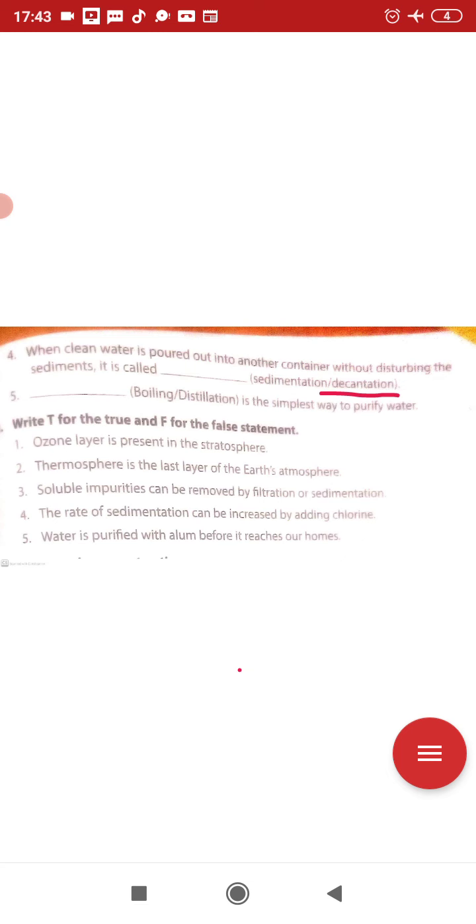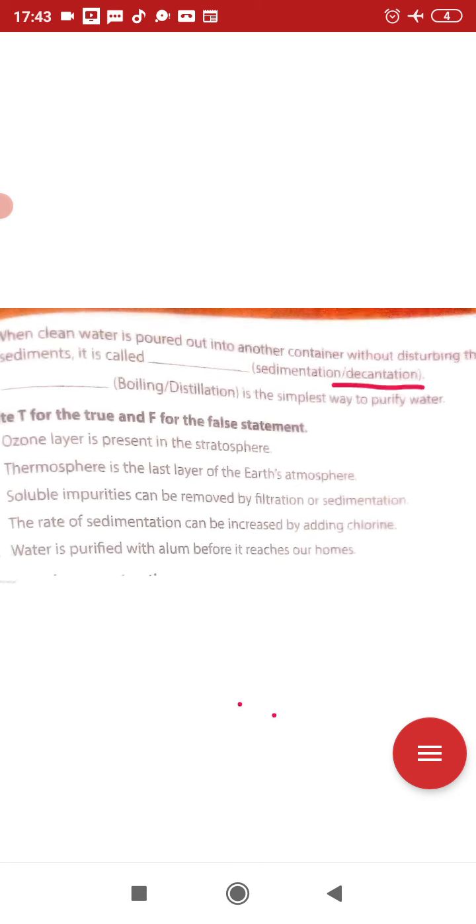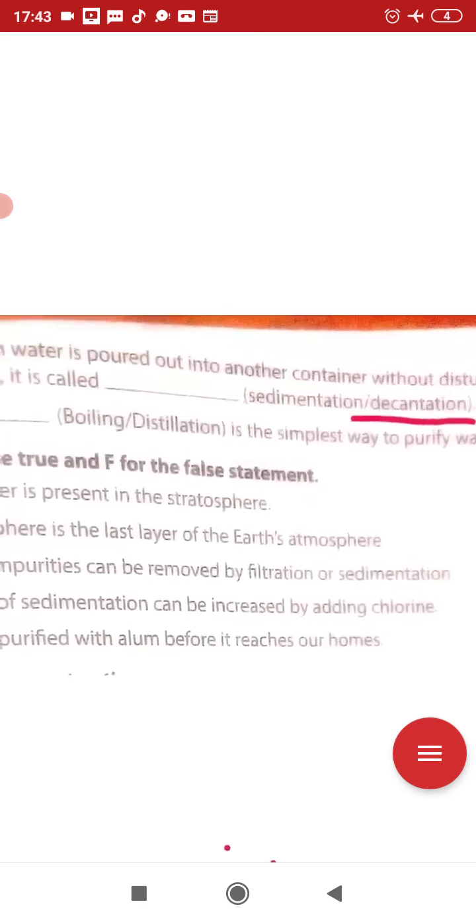But what are the methods by which we can separate the soluble impurities? Some methods are mentioned in our book: evaporation and distillation. By evaporation and distillation, we can separate the soluble impurities. Boiling is the simple method by which we can purify water.